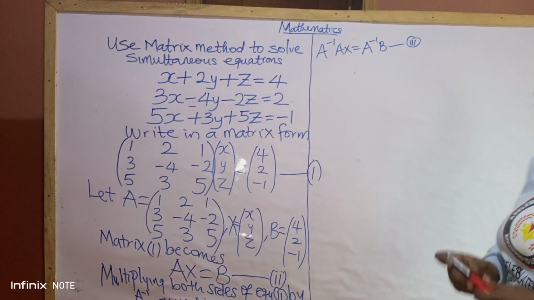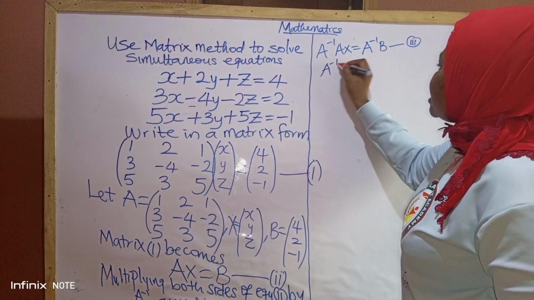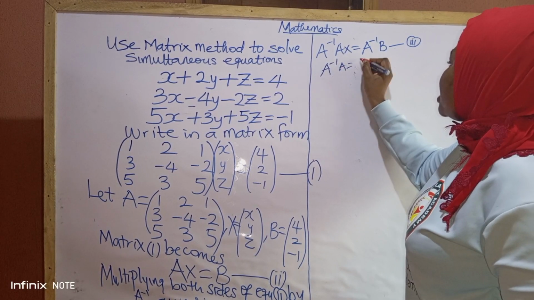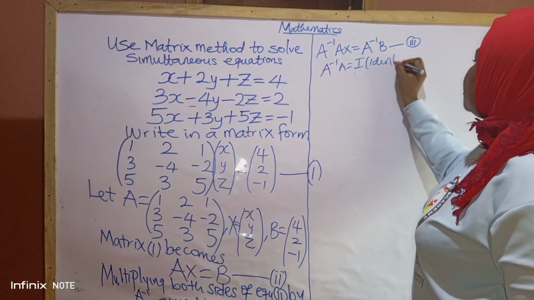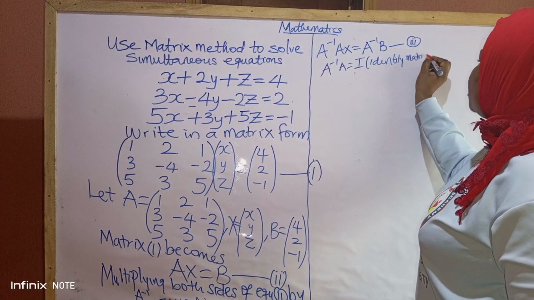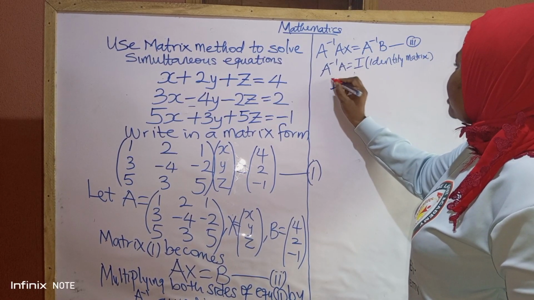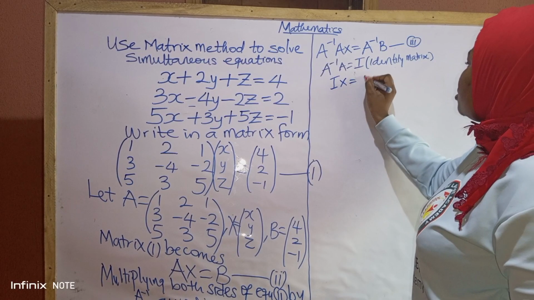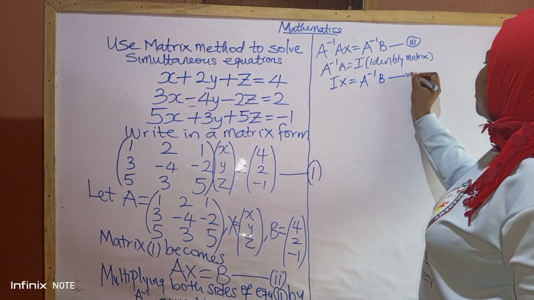From here, you have to recall that if you multiply any matrix by its inverse, you are going to get an identity matrix. So this equation 3 becomes I multiplied by X is equal to A inverse multiplied by B, equation 4.